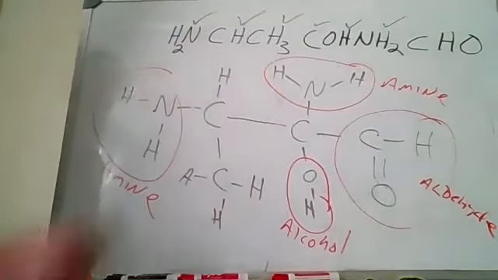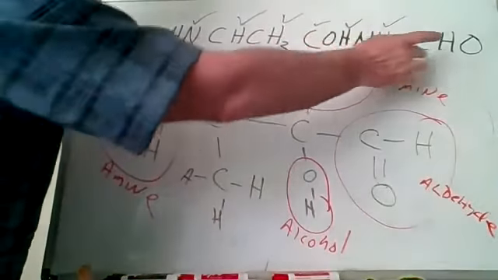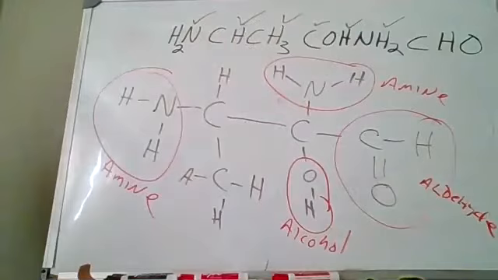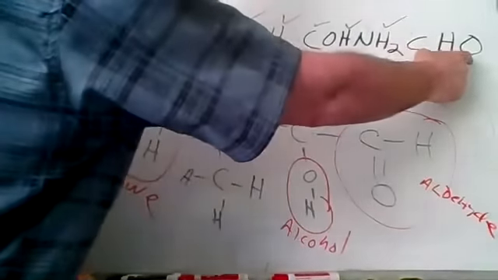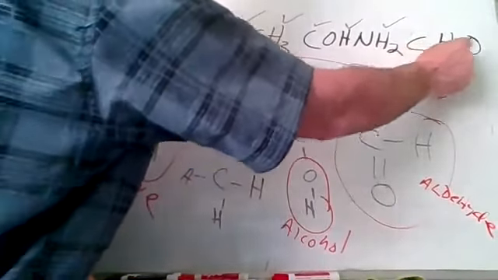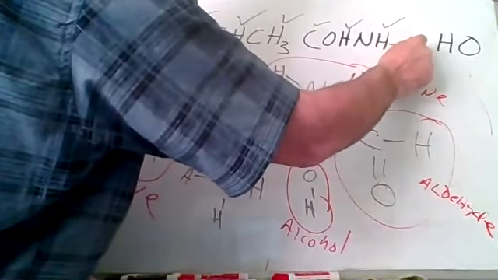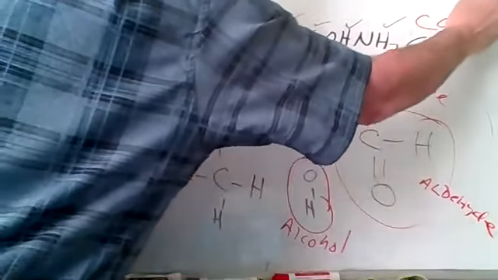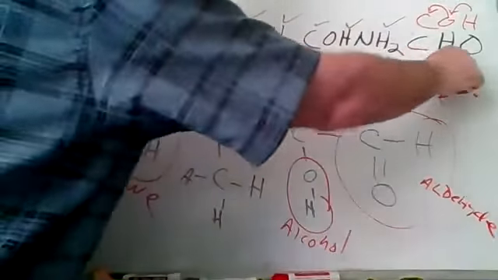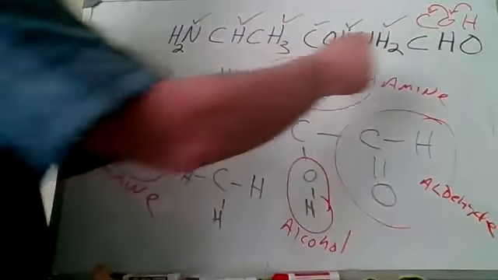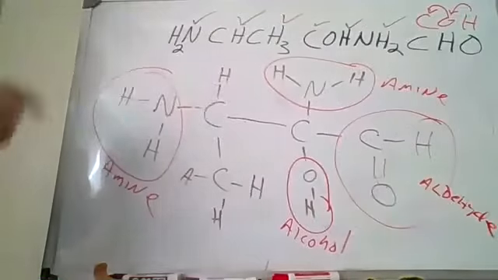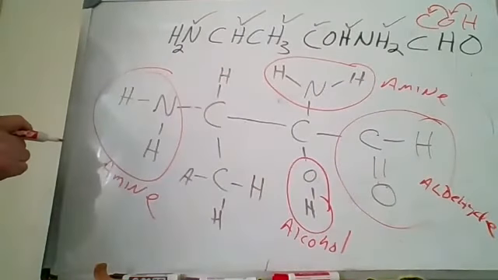Oh, I was going to say how I knew by looking at this that this was an alcohol and this was an aldehyde. If I wanted this to be an alcohol over here, I would have written this COH, because then the oxygen would be directly bonded to the carbon. Here, let's write it up here in red. COH. Then the oxygen is bonded to the carbon and the hydrogen is bonded to the oxygen. So when you see it written like that, with the hydrogen between the carbon and the oxygen, that tells you that's an aldehyde and not an alcohol.